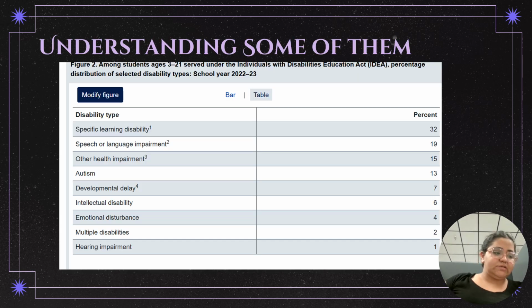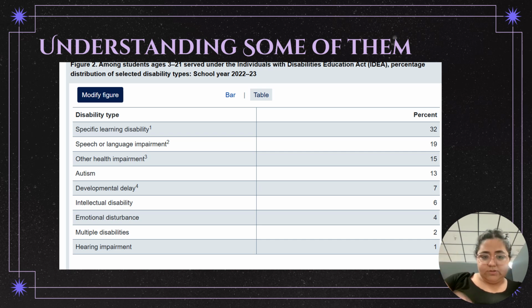As I mentioned, this last slide was hard, but from here I have a little better understanding. This table gives us a quick view of the percentage distribution of disabilities.